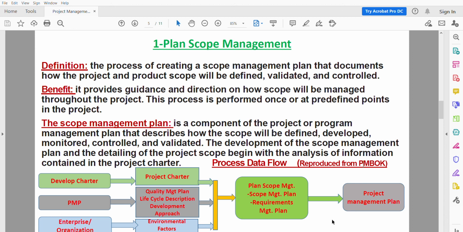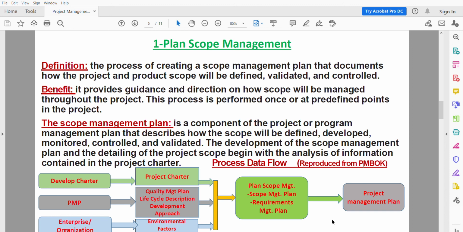The components of the requirements management plan include how requirements activities will be planned, tracked, and reported, configuration management activities, requirements prioritization process, and metrics that will be used and rationale for using them, and traceability structure that reflects the requirement attributes captured on the traceability matrix.